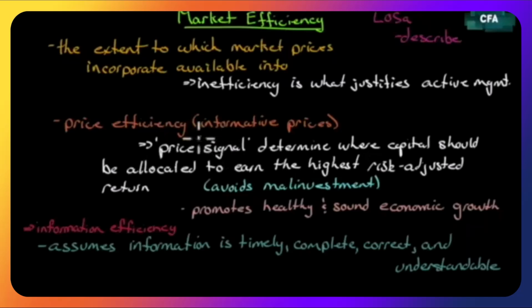So again, let's stick with informative prices or price efficiency. When we have an efficient market, when we have prices that reflect the information, and we can avoid malinvestment, that promotes a healthy and sound economy and healthy and sound economic growth. Now, I'm going to make the distinction between the process and the information.